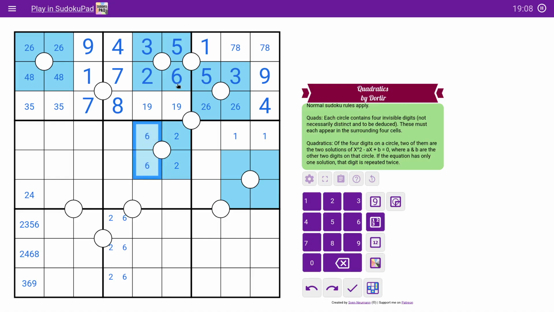And then it could be like 3, 5. Ah, no, it can't be 3, 5 because then this would be 2, 6, 3, 5 in 4 digits. So this is a 4, 8. Meaning one of these is a 7, obviously. 4, 7, 8. Yep, that checks out.